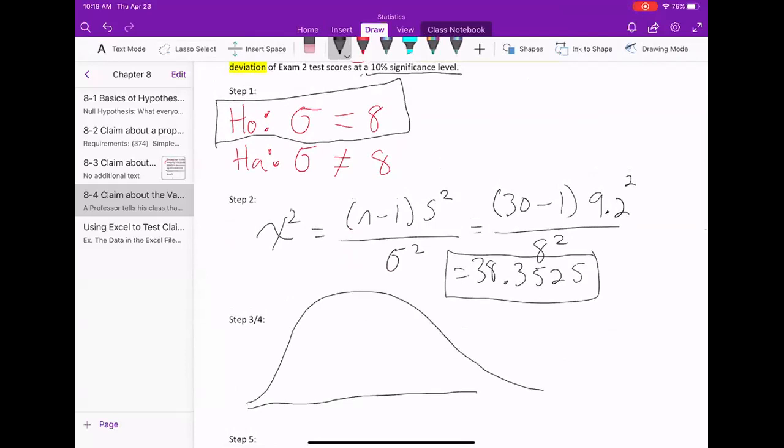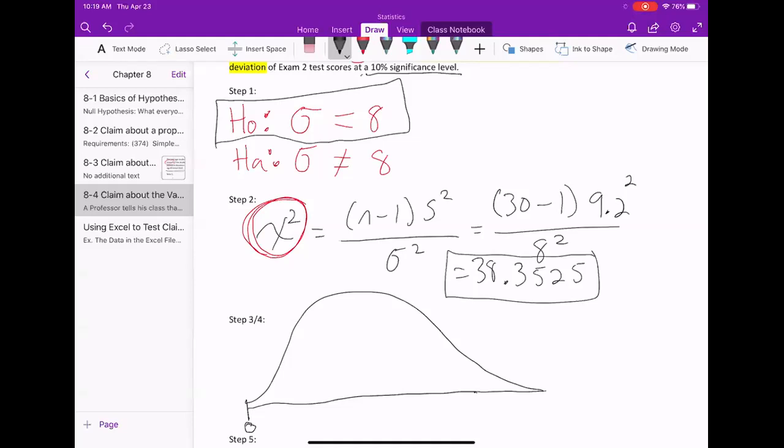We are drawing a chi-squared, because that's what our test statistic equals. And the key with the chi-squared, it's not centered at 0, it starts at 0.